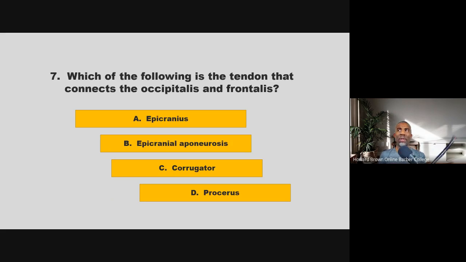Which of the following is the tendon that connects the occipitalis and frontalis? Is it epicranius, epicranial aponeurosis, corrugator, or procerus? If you chose B, epicranial aponeurosis, you are correct.